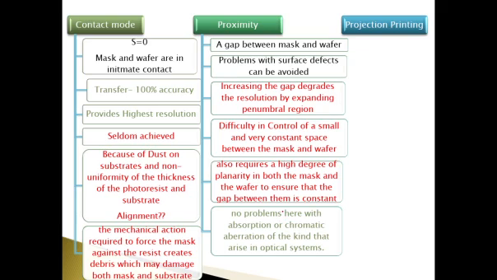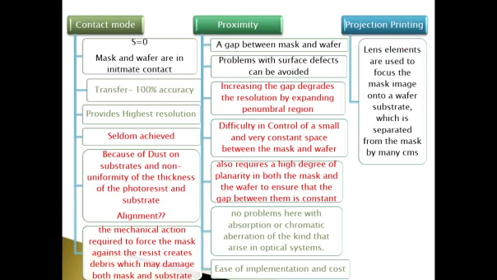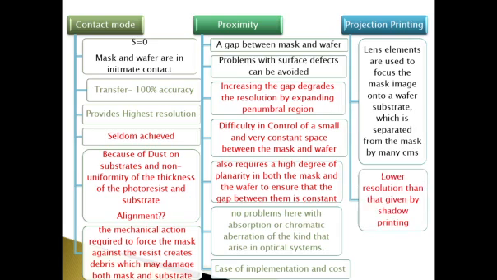It has no problem with absorption or chromatic aberration that is seen in optical systems. That we will see with the next technique, projection printing. What is done is we make use of optical lenses and mirrors to project the mask features onto the substrate. There are lots of lenses involved, so that will increase the absorption of light intensity by the lenses and optical elements, and hence it may undergo chromatic aberration.